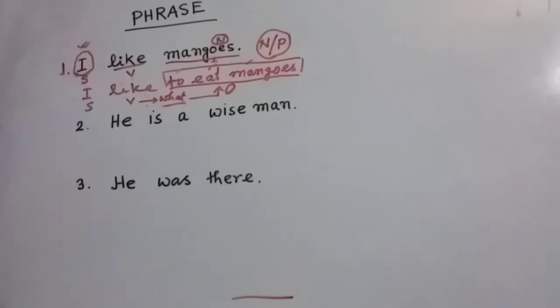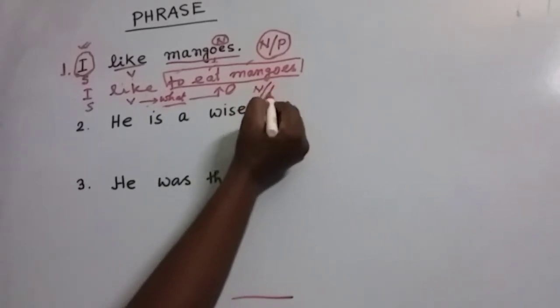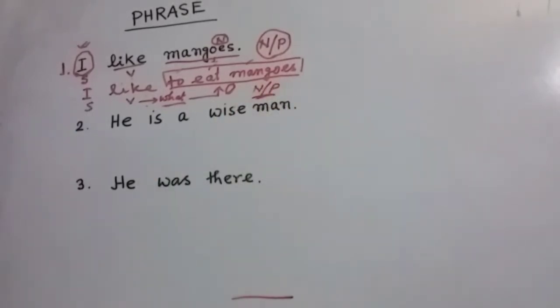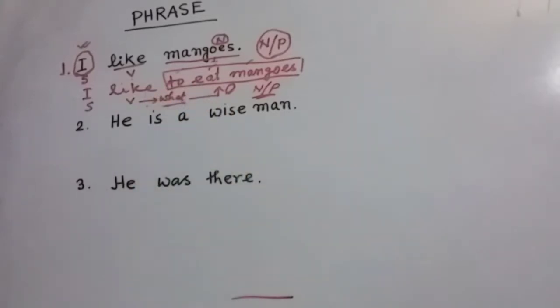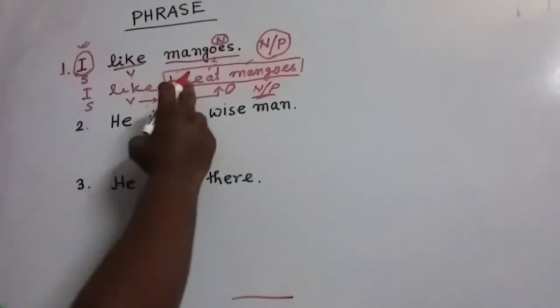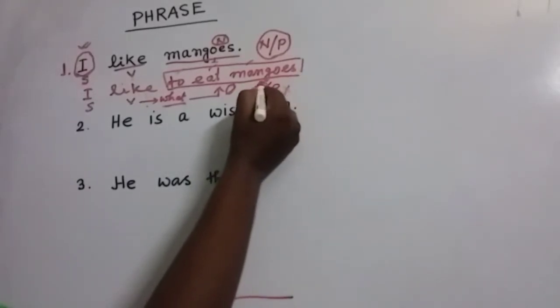Now you can see the object must be a noun or a pronoun. We all know it. The object has to be either a noun or a pronoun. Here, to eat mangoes is not a pronoun. We know the pronouns. There are so many pronouns in the English language. It's not a pronoun, so obviously it's a noun.